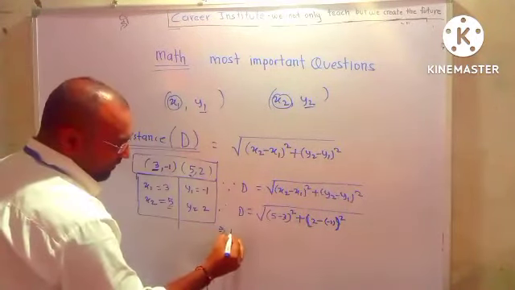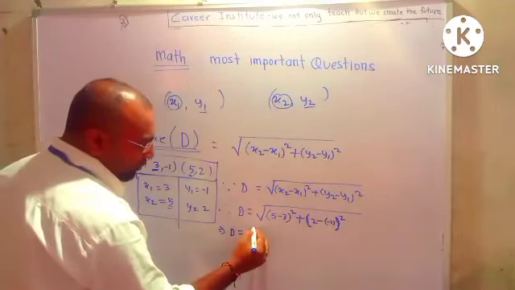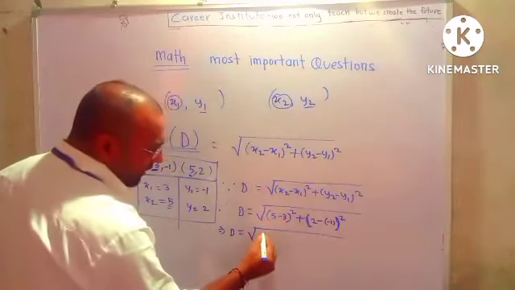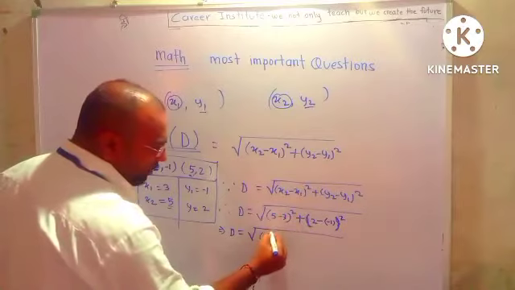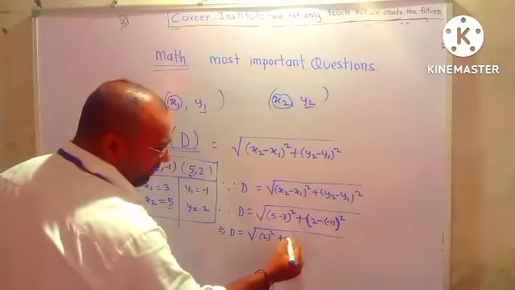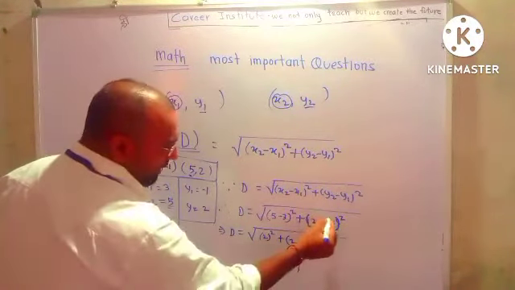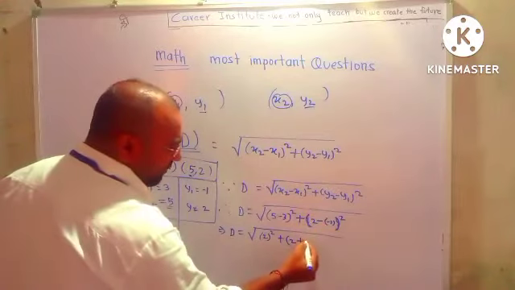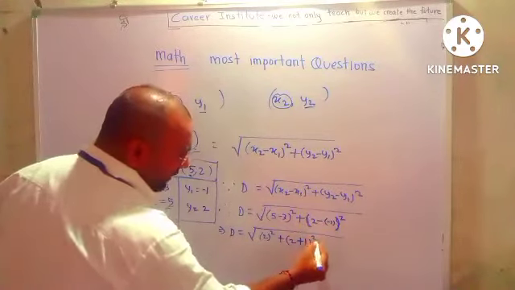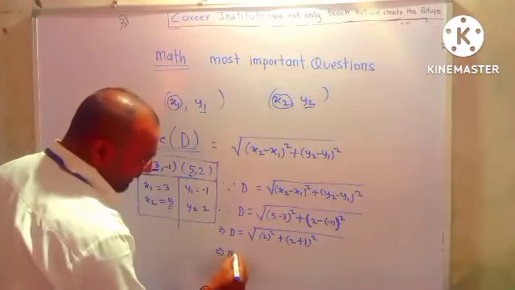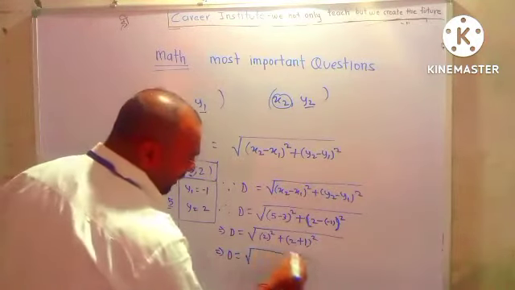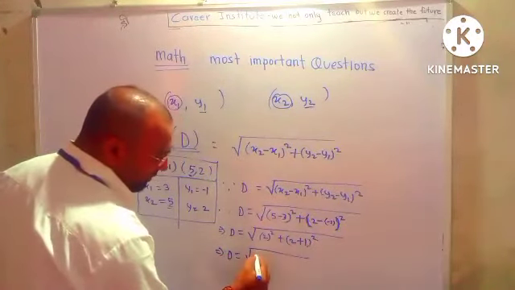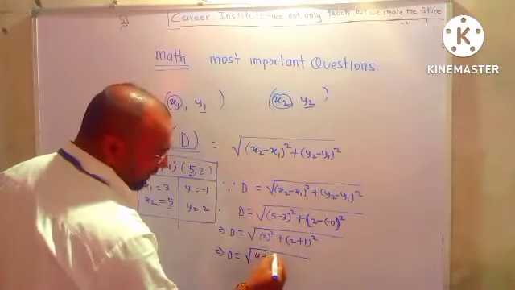The next step: distance is root of (5 minus 3, which is 2) whole square plus 2 minus into minus plus, so 1 whole square. Then distance is root of 2 squared, which is 4, plus 1 squared.